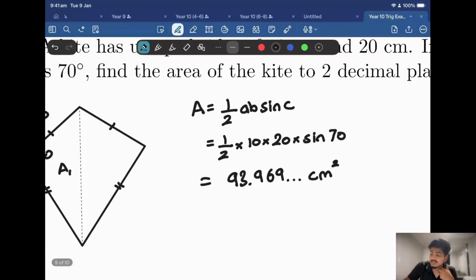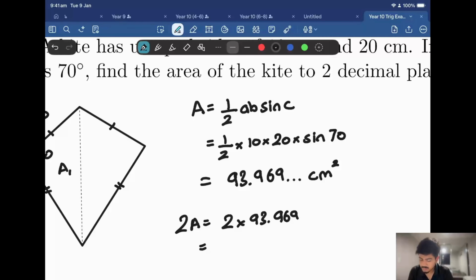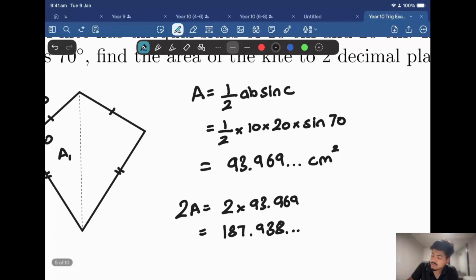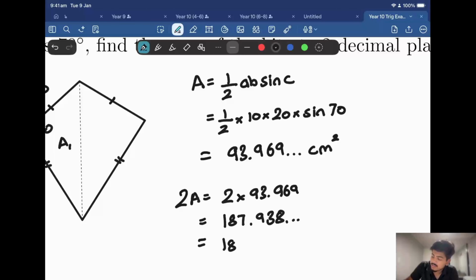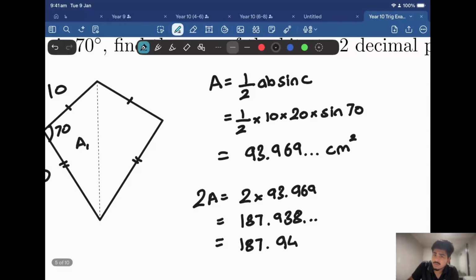Since you have two of those, you do 2 times 93.969, which is 187.938, which you can round to 2 decimal places to be 187.94 centimeters squared.